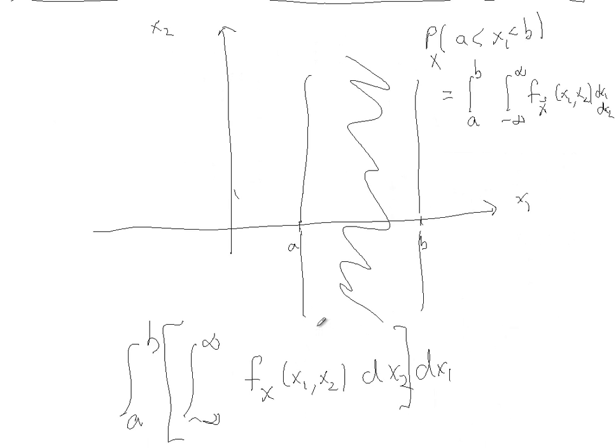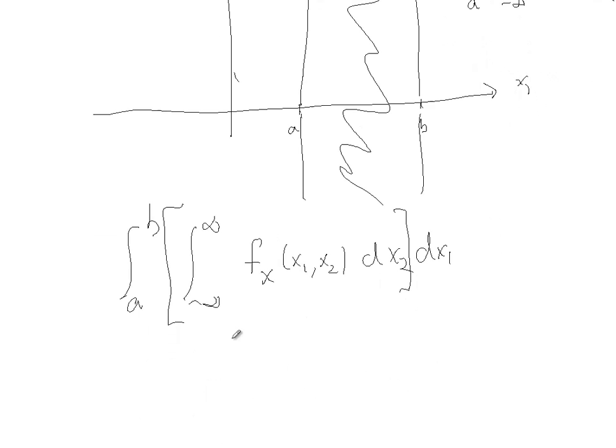To find the probability that the first component of my vector random variable is between A and B, I'm integrating this function. So what does that mean? That means that this here is the probability density function of the first component of my random variable.